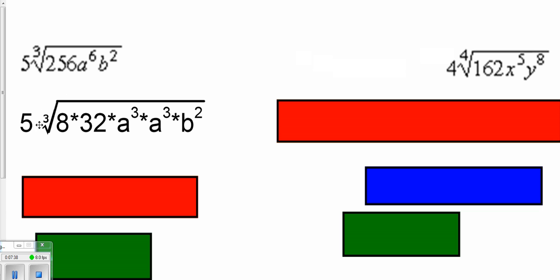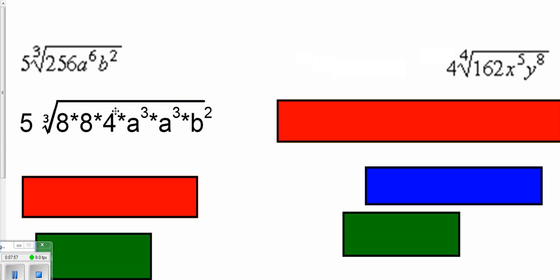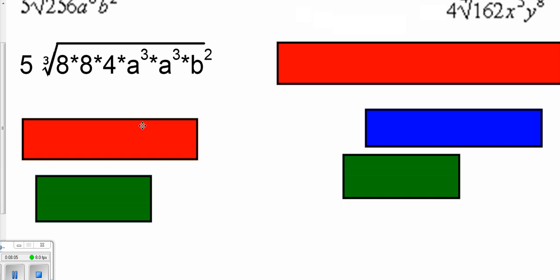We are looking for perfect cubes because we have a cubic root. So these two are done. This one will not change, will not come out. This 32 is not a perfect cube, but we know that 32 is the same as 8 times 4. So we can break it down even smaller. 8 and 8 are both cubic roots. 4 is not, so 4 will have to remain.